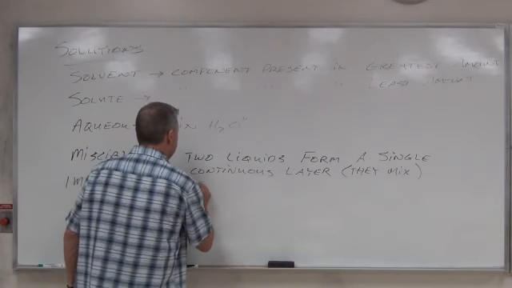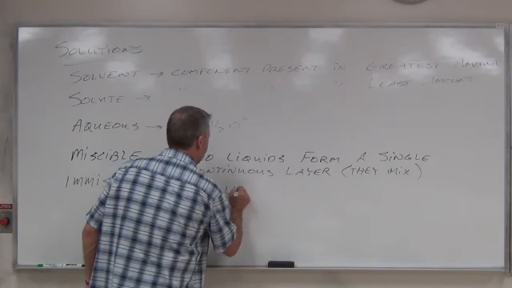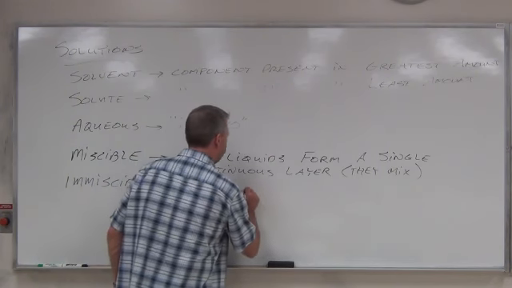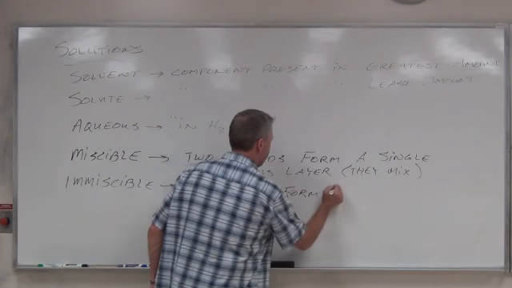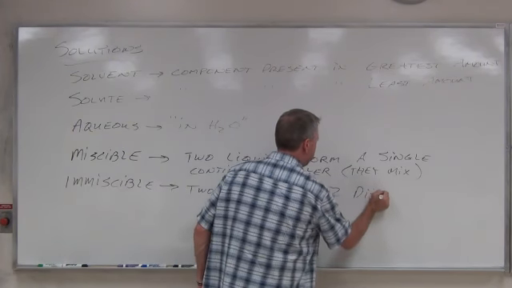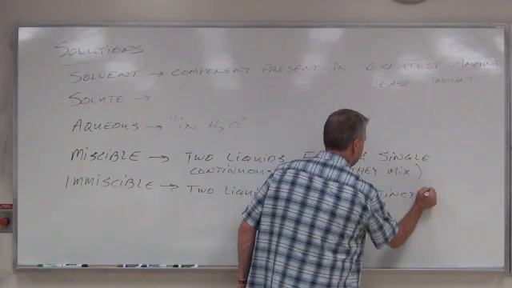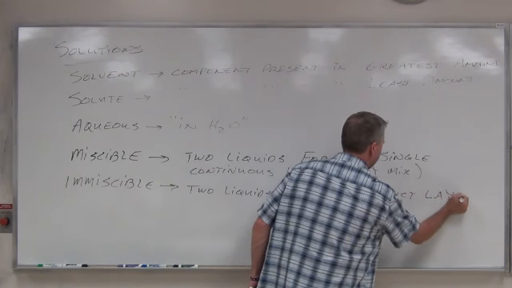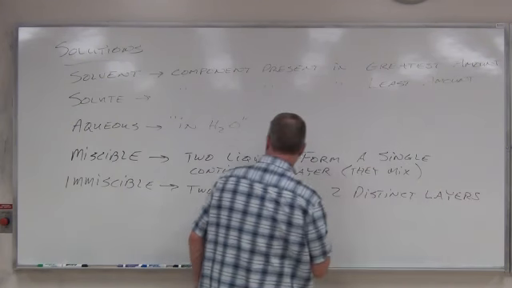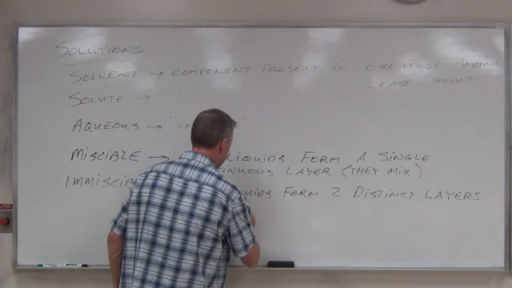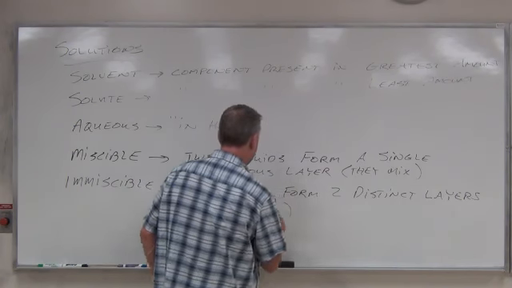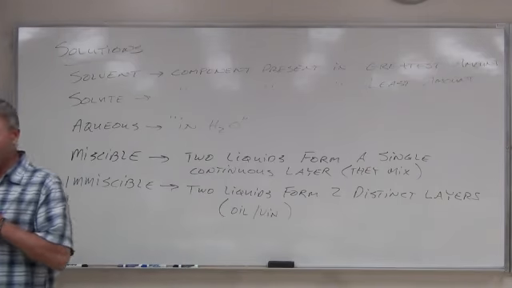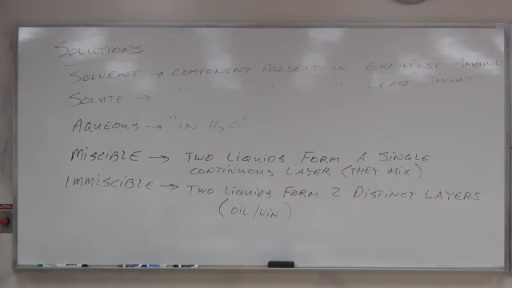Immiscible is when the two liquids form two distinct layers, i.e. oil and vinegar. Oil and vinegar separate out. They're not miscible.